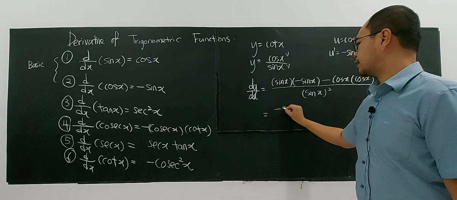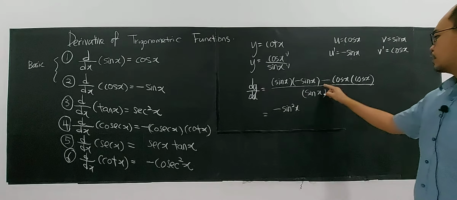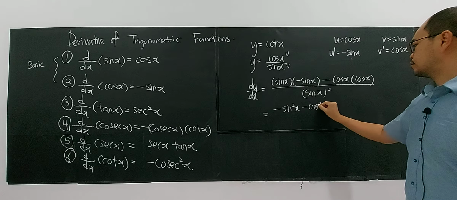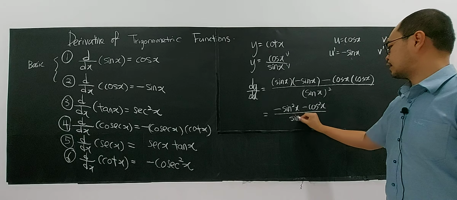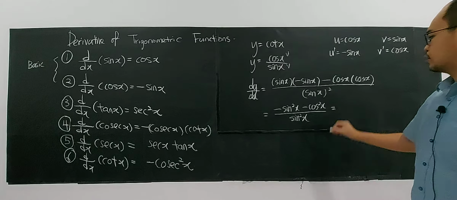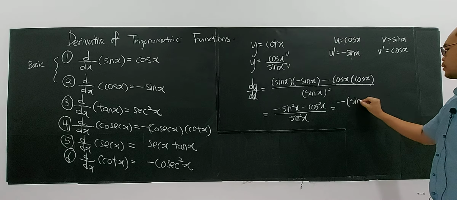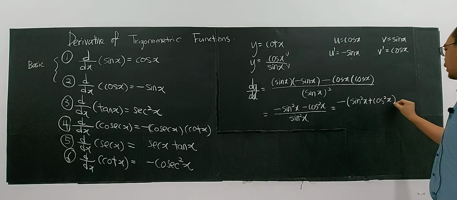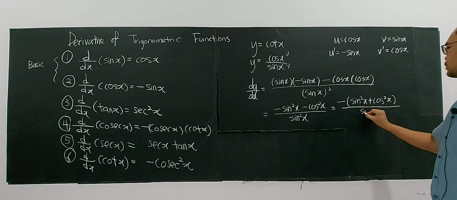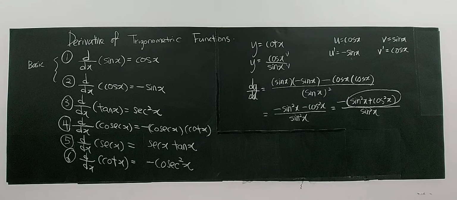Okay, then you have negative sine square x, negative cos square x, divided by sine square x. So as you factorize the negative out, you will have sine square x plus cos square x divided by sine square x. Look at this, very famous.